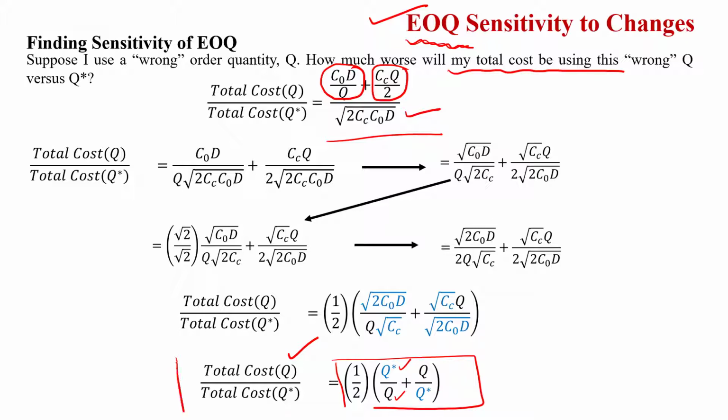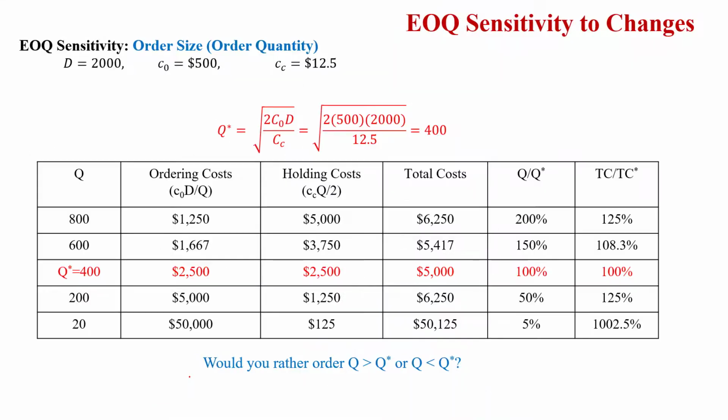So we can use this mathematical relationship to identify how much effect there will be on the total cost if we order less than the optimum order quantity, or if we order more.